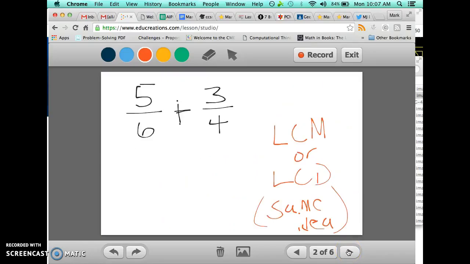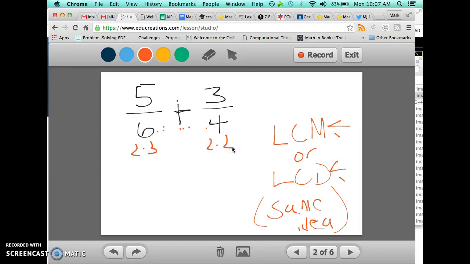What about when we have different denominators? This one is sort of review because you've got just numbers in it, but you need a common multiple. We call that the least common denominator or the least common multiple. Same idea. One way to find the least common multiple is to figure out the greatest common factor. That's 2. If you take out the 2, you've got 3 left here and 2 left here.